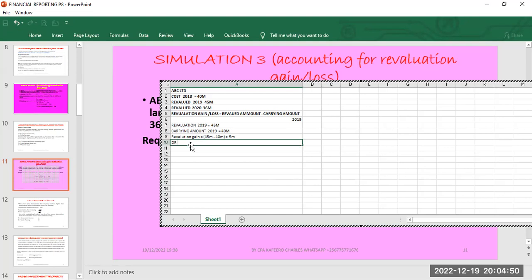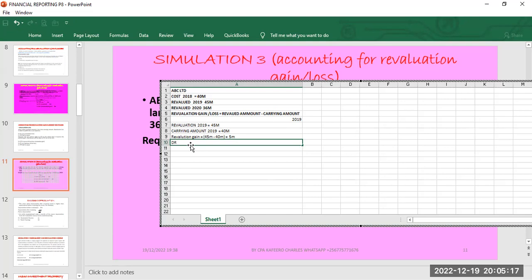Remember we said when assets are increasing, that's an income. When assets are reducing, we are recognizing an expense. That's basically from the definition of the elements of financial statements. We explained those, and if you see you are not understanding, please go back and try to memorize those so that you can catch up.